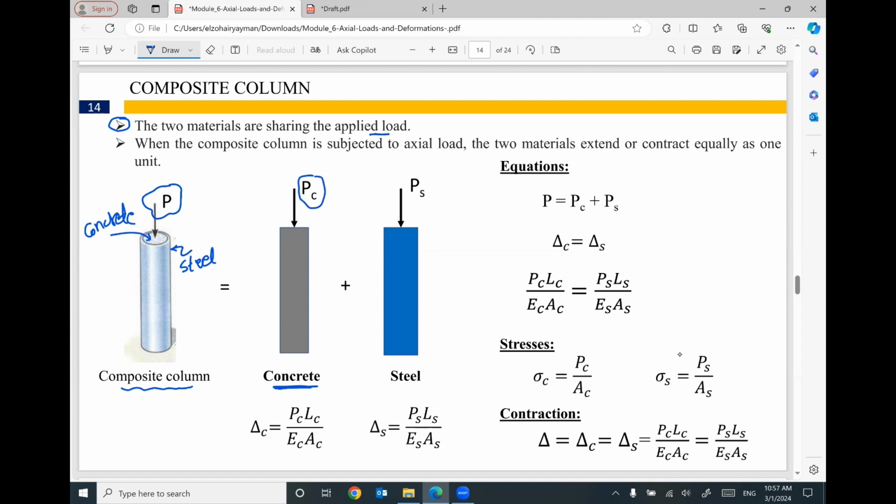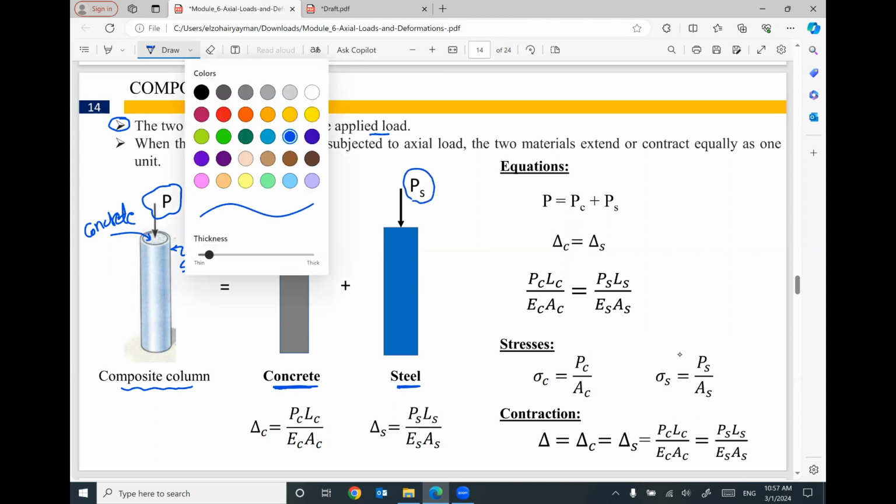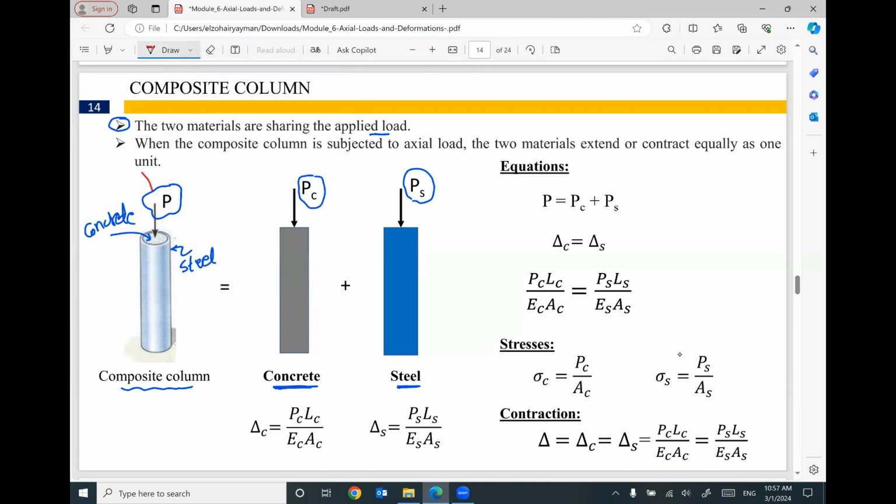The second part of the applied load will be supported by the second material, steel, labeled PS. Keep in mind, the applied force is shared by the two materials. So I can say the part shared by concrete plus the part shared by steel will equal the original applied force. And this is equation number one.